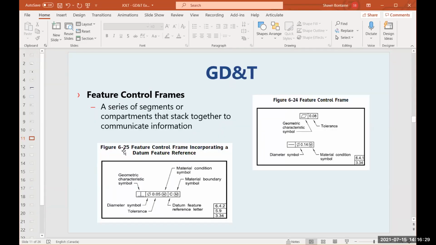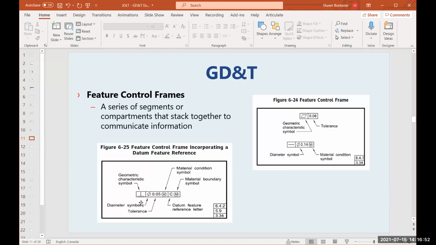If we take a look at figure 6-25, now all of a sudden we have another feature control frame, but it actually has a datum reference. The previous two had no datum reference, just the characteristic symbol and the tolerance. That is because both of those are form tolerances, and form tolerances are not related to datums.